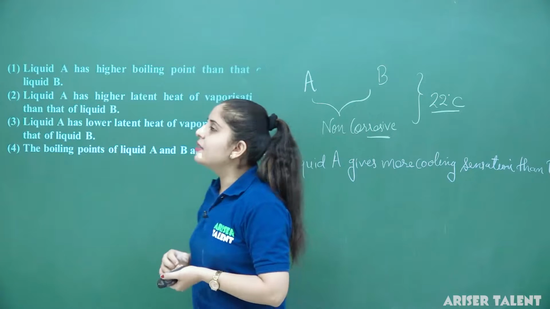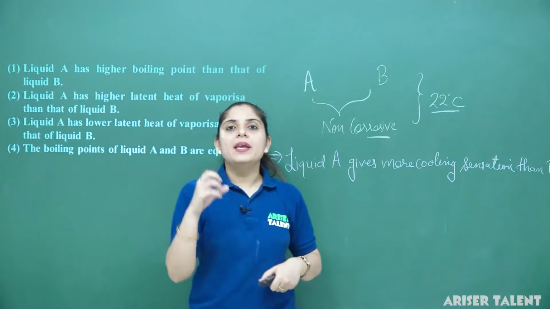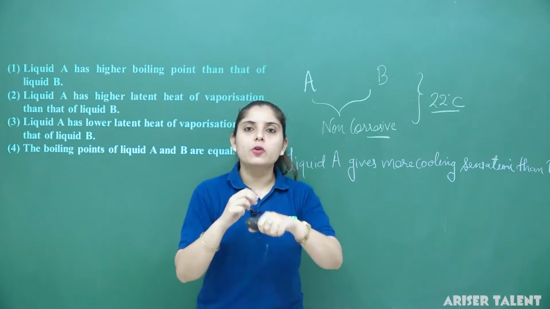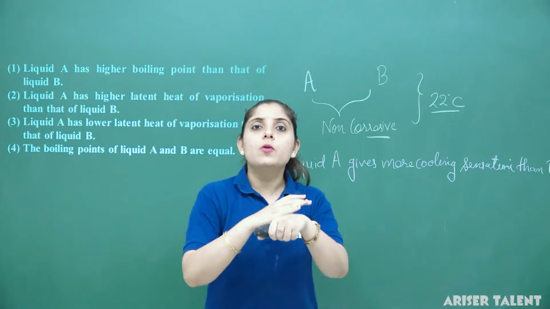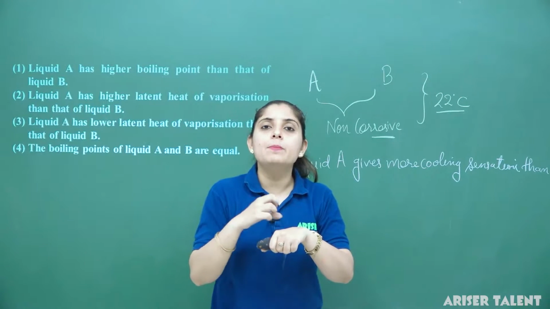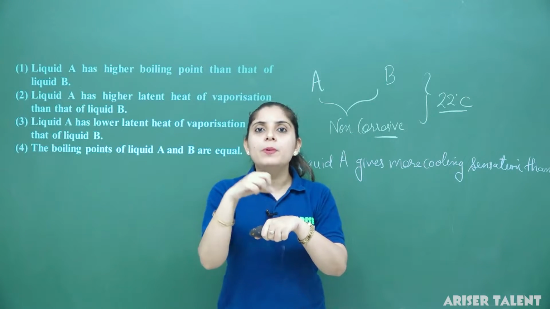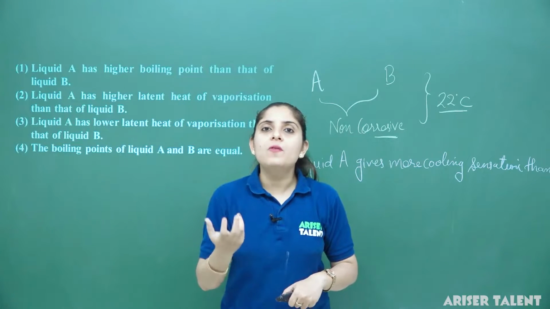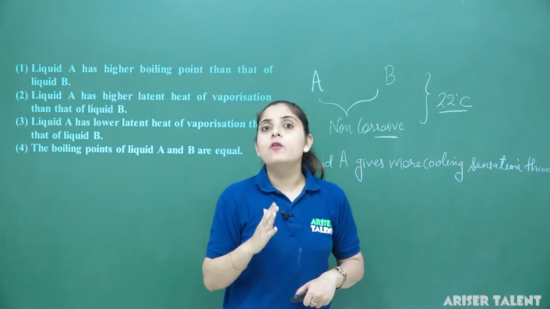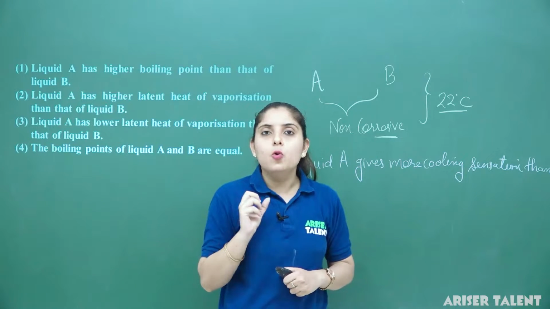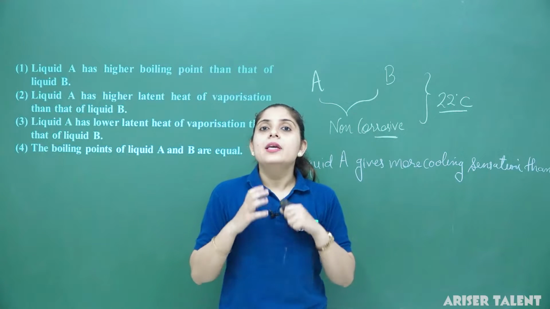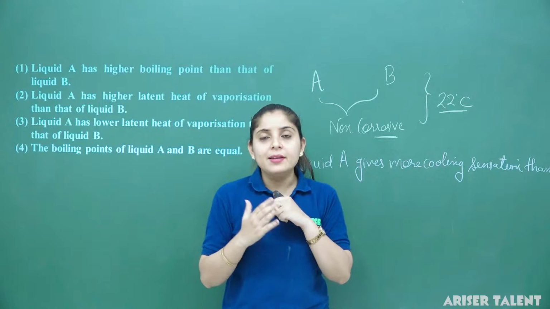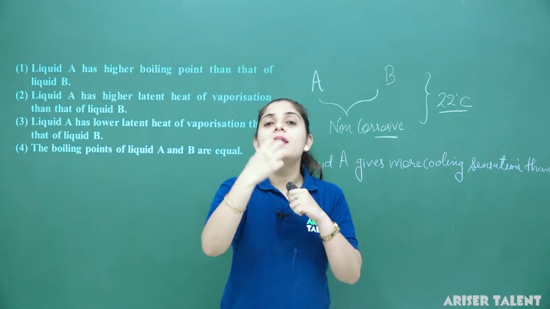Now, which factor can we consider here? You know that when you place any non-corrosive liquid on your hand and you feel a cooling effect, it means the liquid that you have dropped on your hand will vaporize so fast. If it is vaporized so fast, it means its latent heat of vaporization is very low. We have discussed in the chapter, if you are feeling the cooling effect, it means something has drawn latent heat.